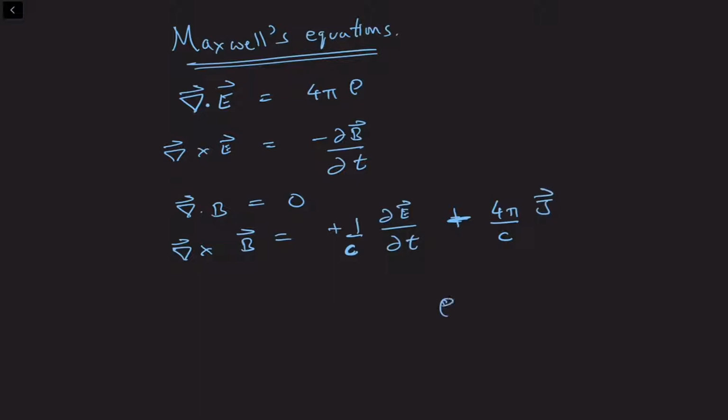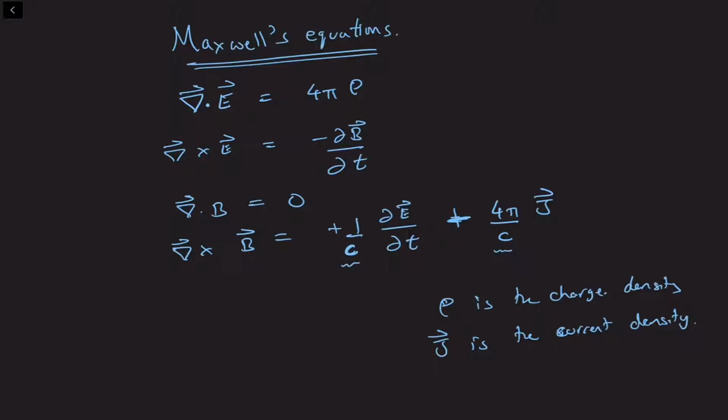So rho is the charge density, and J bar is the current density. Now if you look at these equations, it's not at all obvious why or how this is consistent with special relativity, apart from the fact that a constant c appears in these equations.